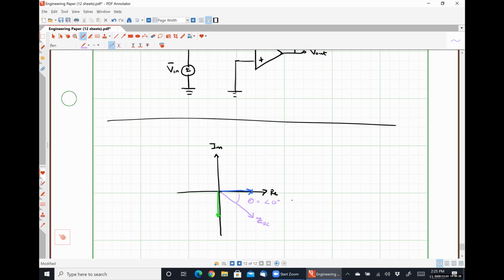When you're getting a capacitor and a resistor in parallel, it's still going to come out with a negative angle, always, like by definition, because it is a capacitive load. Whenever you have an inductor and a resistor combined, it's always going to have a positive phase angle. The impedance will always have a positive phase angle associated with it. It's a little bit harder to see when they're in parallel.